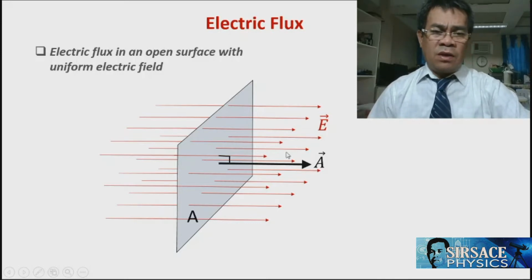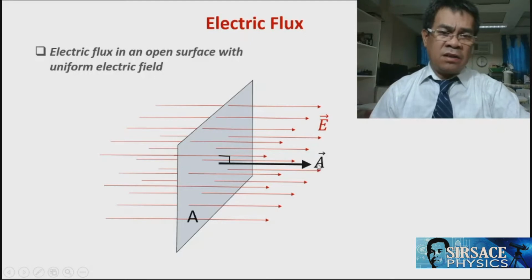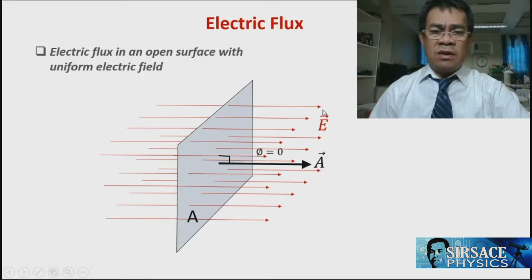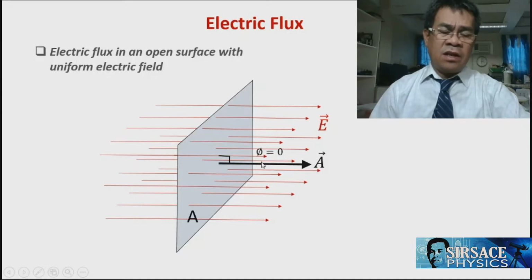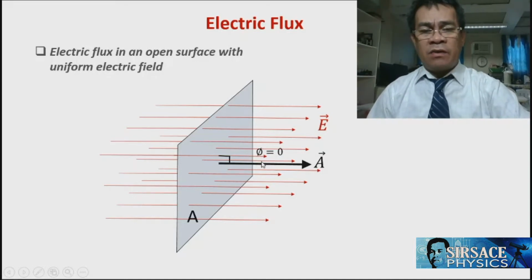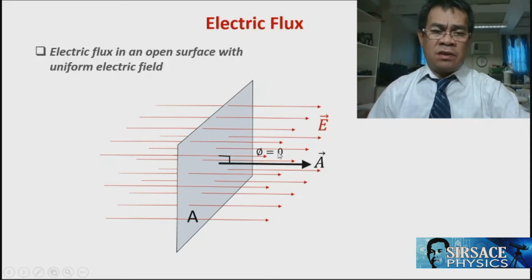So the amount of flux depends on the electric field vector and the normal vector. In this case, our angle from the electric field going to the normal area is 0 because they have the same direction. So a line that has the same direction, the angle must be 0.